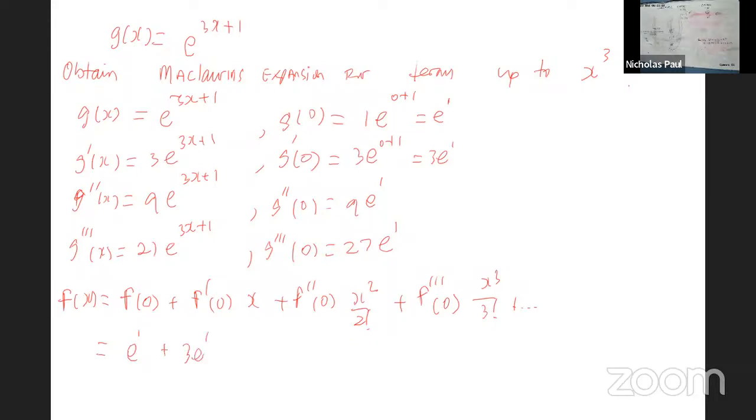Then 3e to the 1 by x plus 9e to the 1 by x squared all over 2 plus triple prime is 27e to the 1 by x cubed over 6. Right here, 3 factorial is 6, right? So you could factor out the e and you'll get 1 plus 3x plus 9 on 2 x squared plus 27 on 6 x cubed.